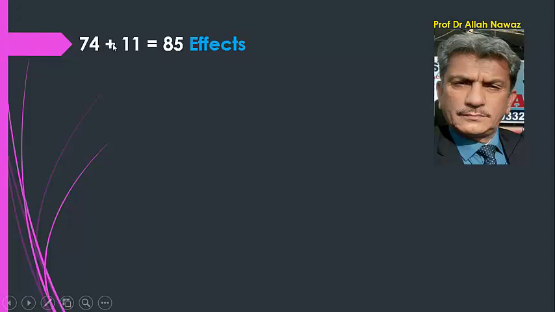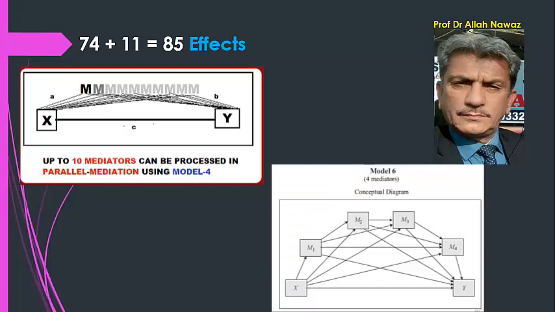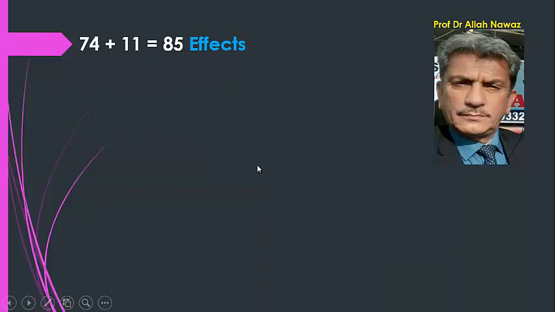However, there are 11 further effects we have already discussed in relation to models 4 and 6 for mediations, parallel mediation and sequential mediation. Those 2 models are used to create 13 effects. So 2 models in this 74 and 11 other effects have been added. So there are 85 total effects which are created by 74 models.